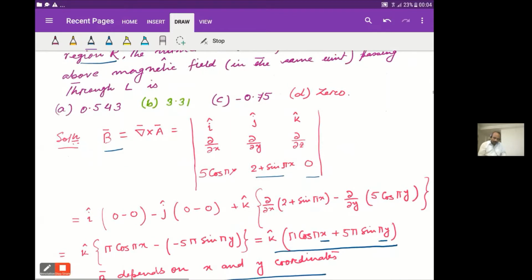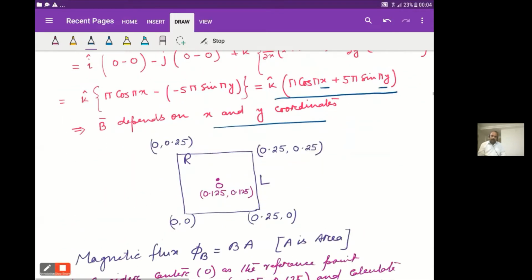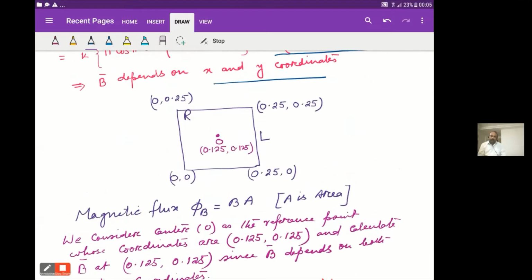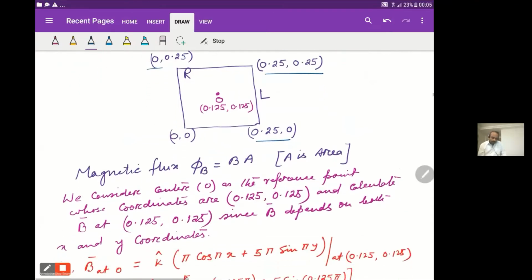So we have calculated B, therefore we can calculate the magnetic flux, which is basically B times the area, and the region is bounded by the square loop having coordinates 0, 0; 0.25, 0; 0.25, 0.25; and 0, 0.25. We know B, we know A, so we have to find the magnetic flux phi B.